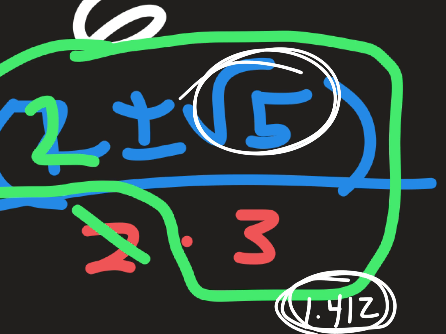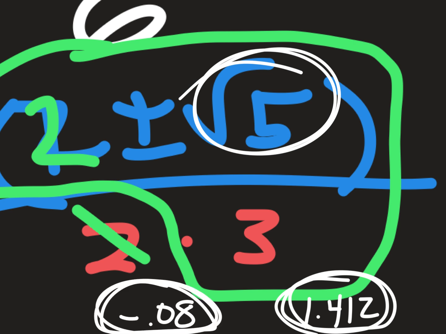And then, what is 2 minus the square root of 5? What is that answer divided by 3? I got negative 0.08. You guys get the same thing? Mm-hmm. All right. So there's my two decimal answers. They aren't better. They're just different.